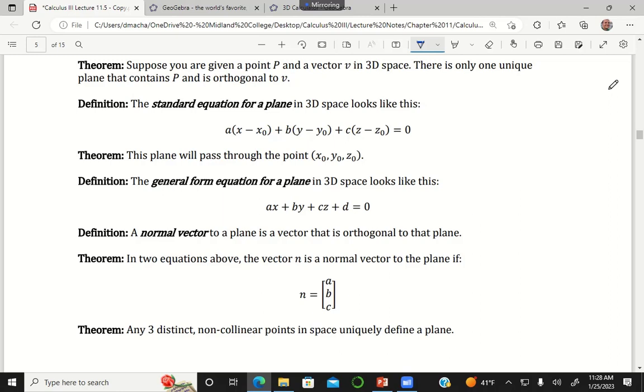What it means for a vector to be orthogonal to a plane is that it makes a 90-degree angle with the plane in every direction. So this marker is orthogonal to the plane as long as I'm holding the base of it flat against the whiteboard. So this vector is not orthogonal to the plane anymore.